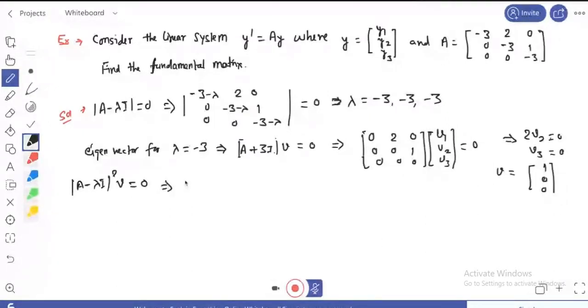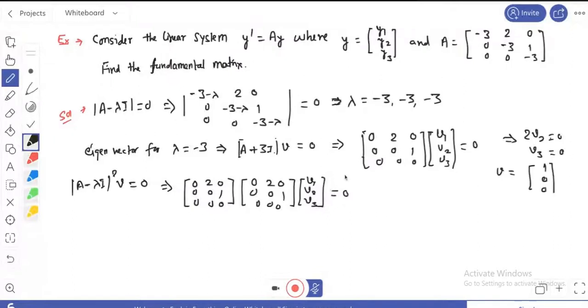So this implies you have to multiply (A minus lambda I) squared: the matrix 0, 2, 0; 0, 0, 1; 0, 0, 0 multiplied by the same matrix 0, 2, 0; 0, 0, 1; 0, 0, 0, this is squared, and into V, which is V1, V2, V3, equals 0.